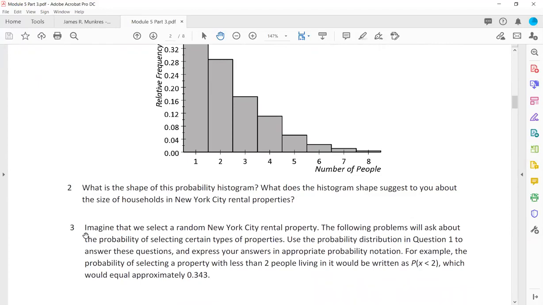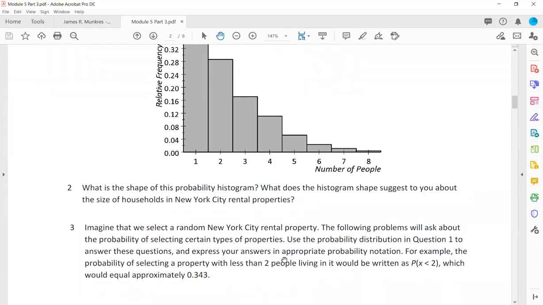Question 3 says, imagine that we select a random New York City rental property. The following problems will ask about the probability of selecting certain types of properties. Use the probability distribution in question 1 to answer these questions and express your answers in appropriate probability notation.